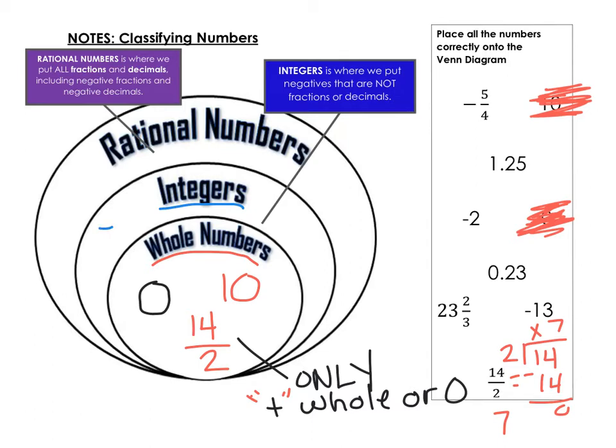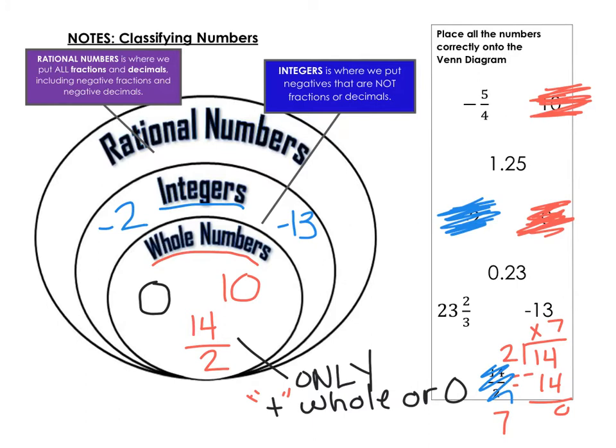So remember, we're going to put our negative wholes in the integer spot. And then we have 0.23. Nope, that won't work. 23 and 2/3, that won't work. And then -13. -13 is a negative whole. So yes, we would put -13 in here.